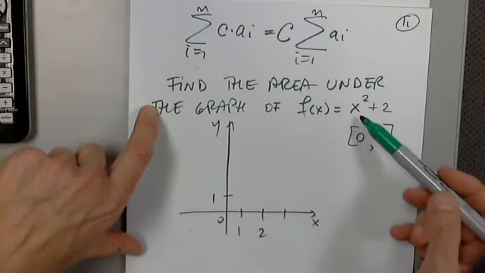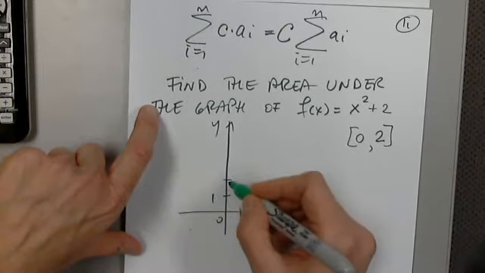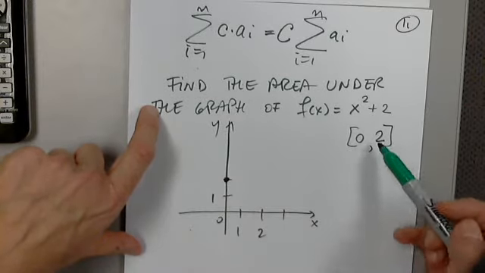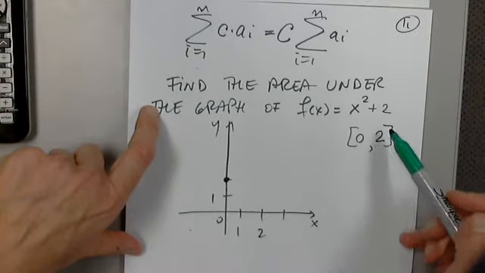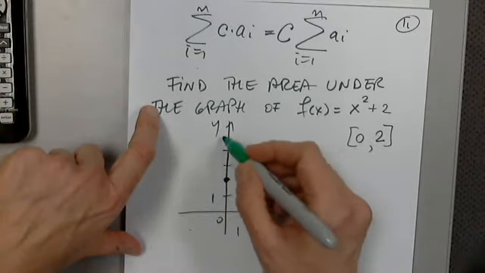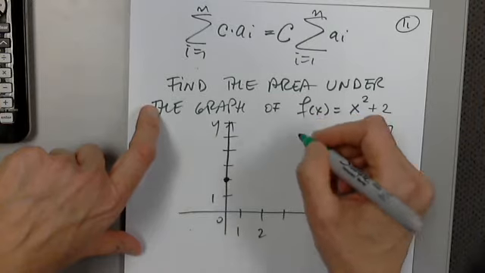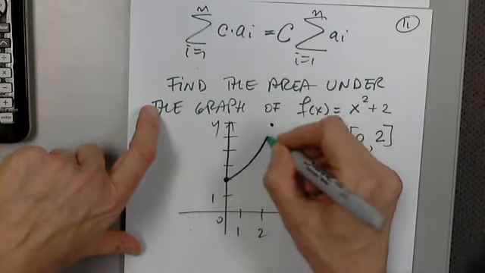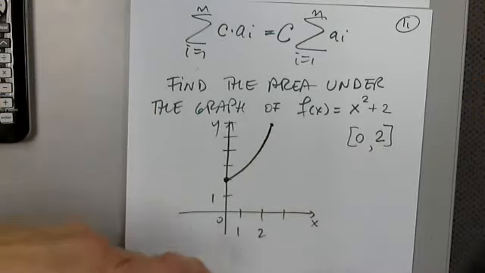So when x is 0, y is 2. When x is 2, y is 6. Agreed? And the function opens upward. And we want to find the area under this graph, between the graph and the x-axis, of course, because otherwise we have no idea.